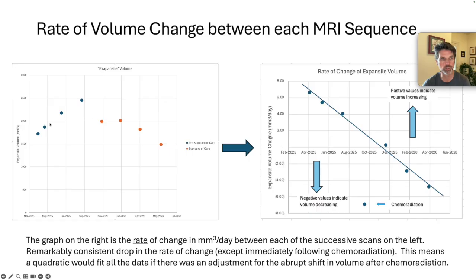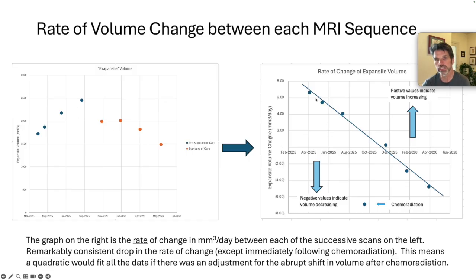And then the next data point would be between the April of 25 and the June of 25 MRI sequences. And here you can actually see that that rate of change went down. So it was now at 5.5 or so cubic millimeters per day size change. And then each of the subsequent data points represent all the other differences between the MRI sequences.